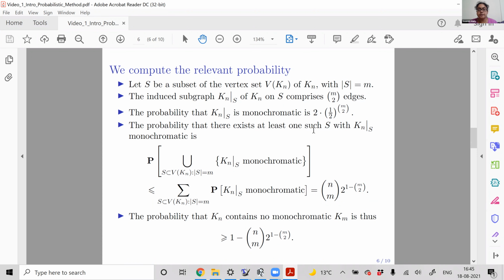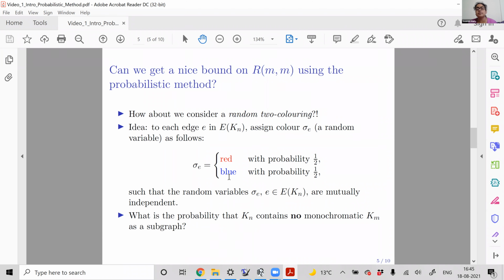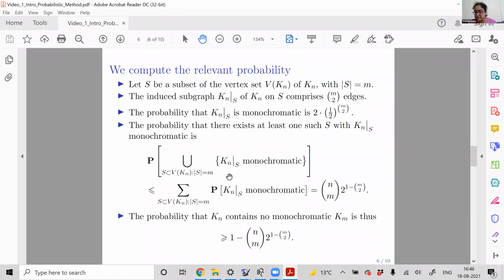Now, as you saw in the previous slide, the assignment of these random colors is happening independently over the edges, okay? So let's say you choose to assign the color blue to every single edge of the subgraph on S. That means that each edge of the subgraph on S has probability half of being colored blue, and this is happening independently over all the edges, all the M choose 2 many edges.